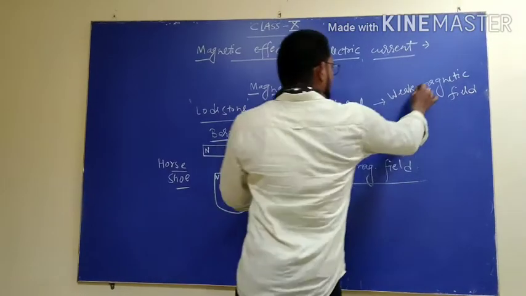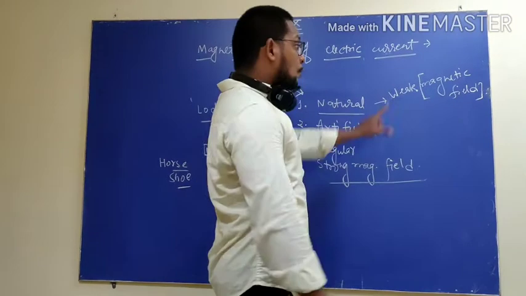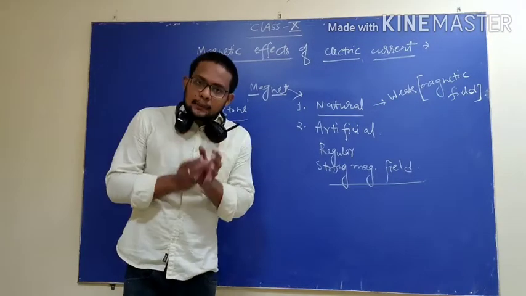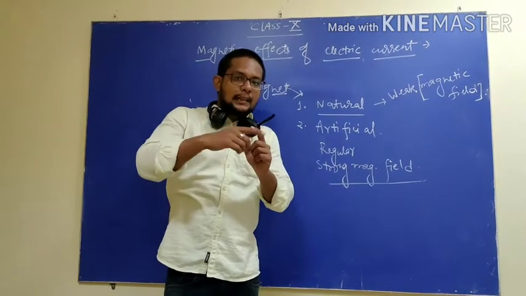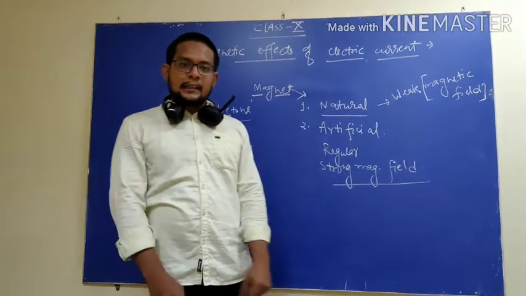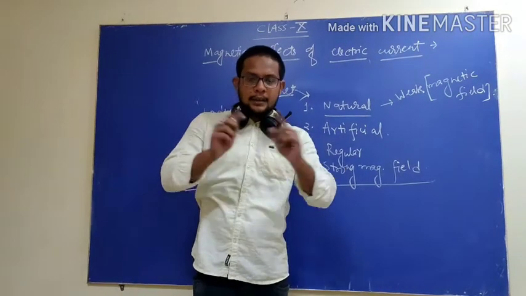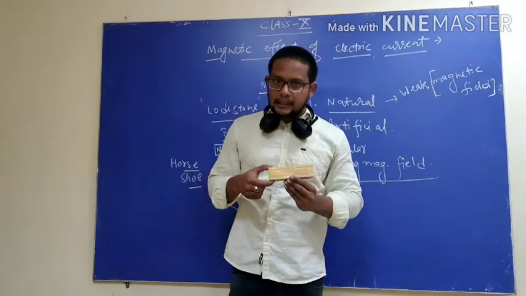Look here, students. I wrote here magnetic field. What do you mean by magnetic field? Magnetic field is a space or a region around a magnet in which magnetic force of attraction or repulsion can be experienced. Suppose this is a bar magnet.